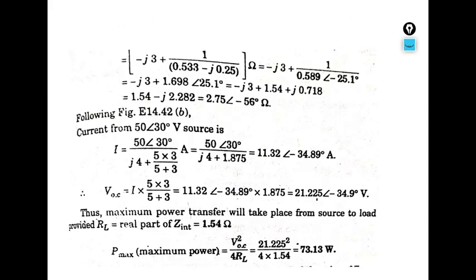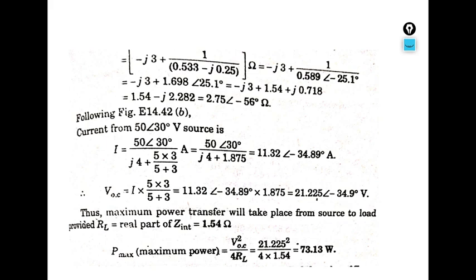Several times in the reciprocity theorem we have to apply the current division rule. If several branches are present, say three branches, and I want to find the current in one branch, then we apply the current division rule.